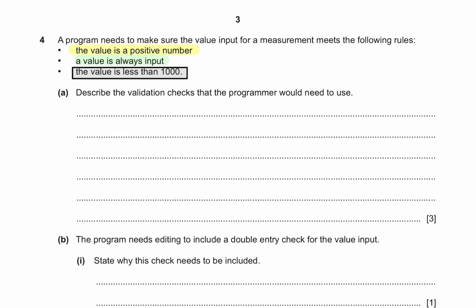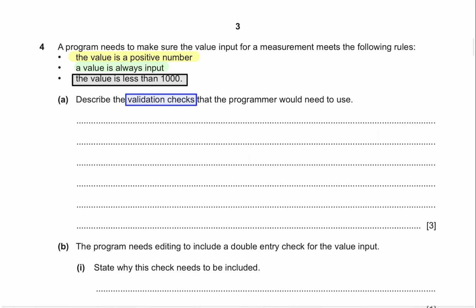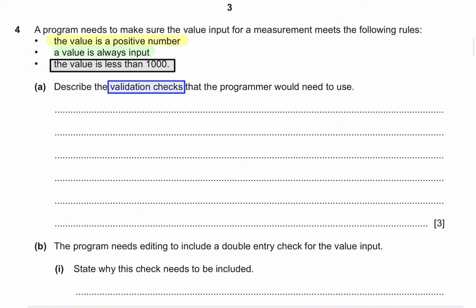You need to describe the validation checks. So in order to describe the validation checks, what will you do? First thing, since it should be less than 1000, range check with acceptable values.